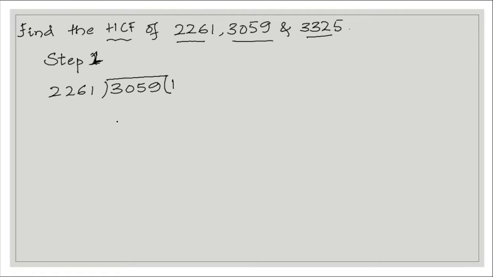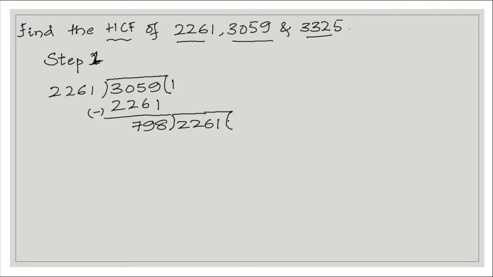One time it goes as 2261. Now we need to subtract. We will be getting 798. Now this particular 798 will act as a divisor and the earlier divisor will be dividend.